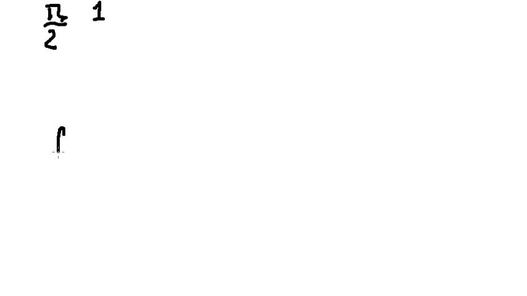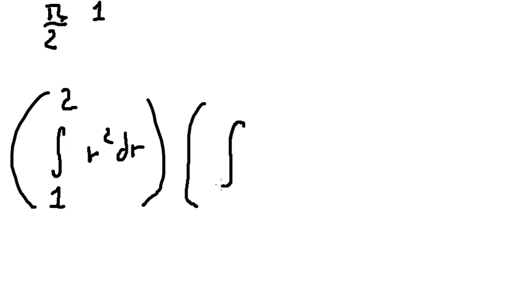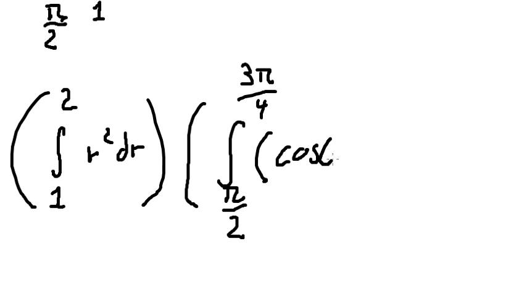We can write it like this: the integration from 1 to 2 of r squared dr multiplied by the integration from pi over 2 to 3 pi over 4 of cosine theta minus sine theta.